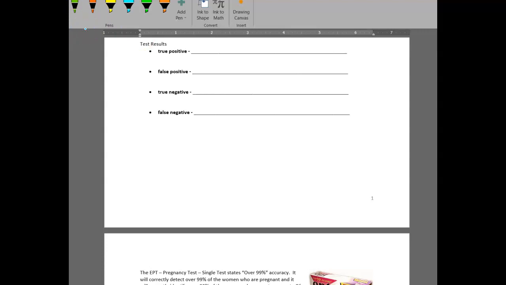A true positive is when the test correctly reports a positive result. This is also known as the sensitivity of the test.